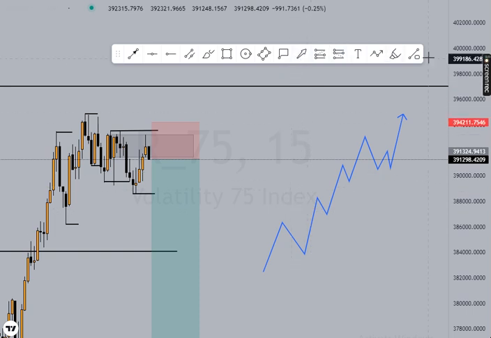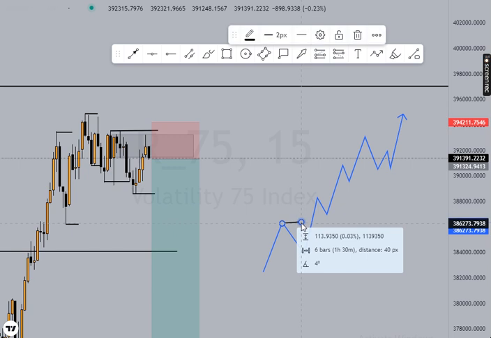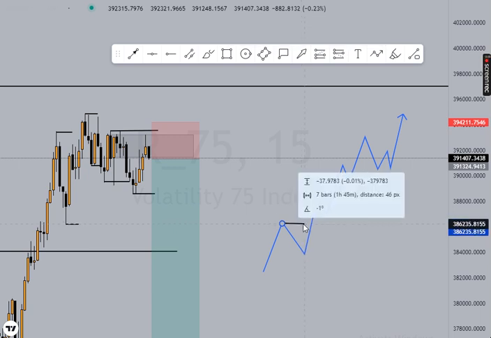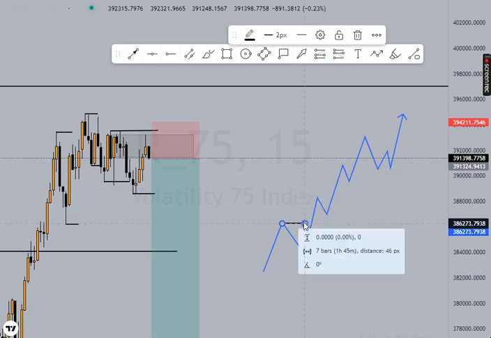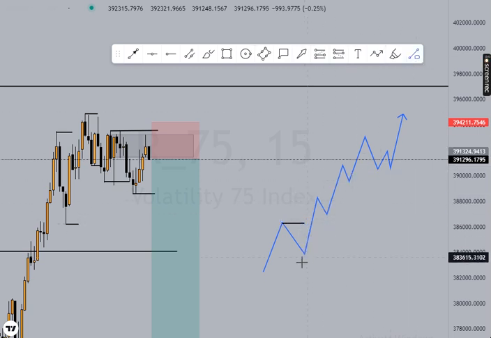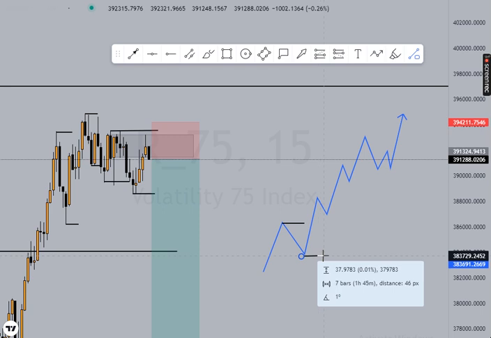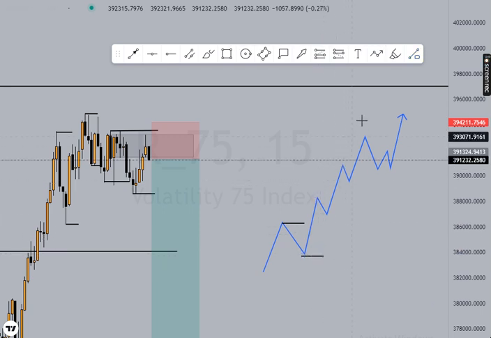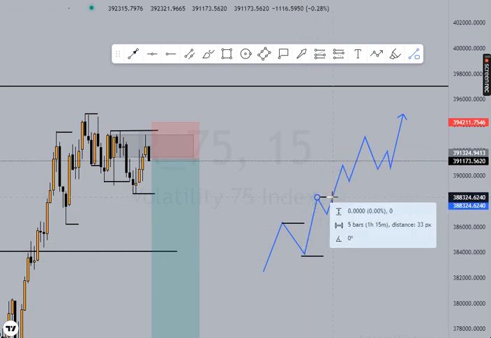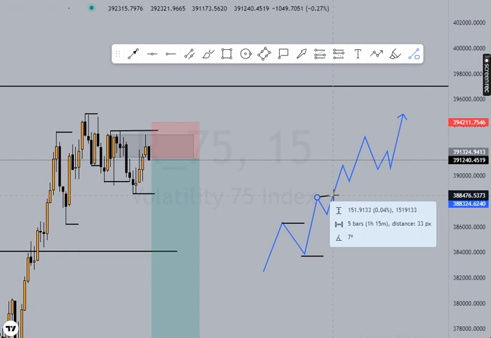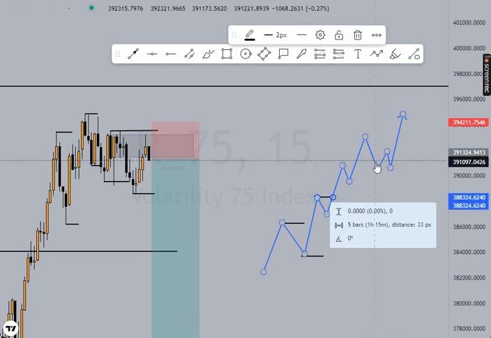So what we're simply picking out is levels that are important, those that caused a significant move for us. There was this level that caused the push to the upside. Then we have a level that caused the break, was this one, and another one there. This is what we are simply looking at.